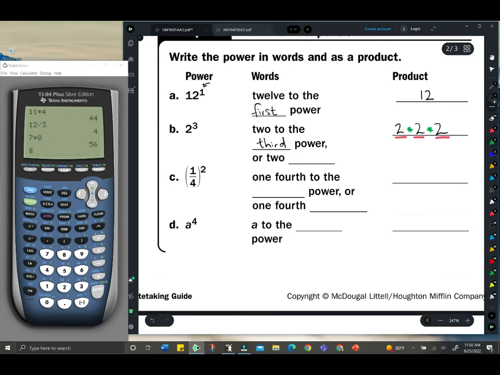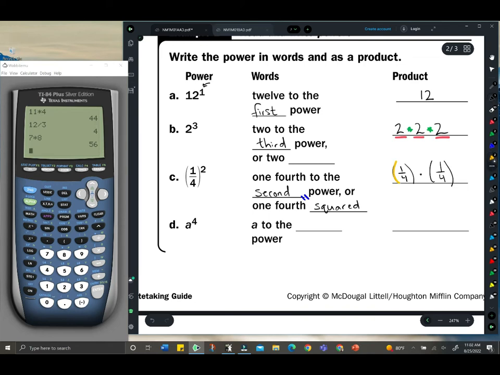1/4 to the second power, also known as squared. When it's the second power, we can think of that as squared. Second and squared are the same thing. Basically what that means is the 1/4, notice the parentheses, times another 1/4.